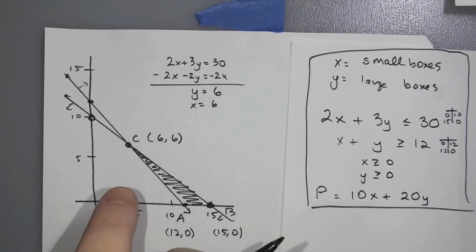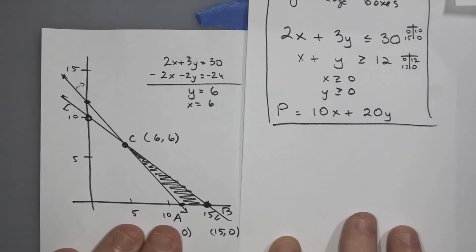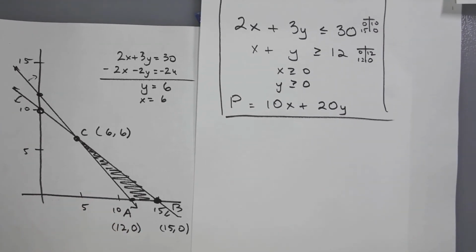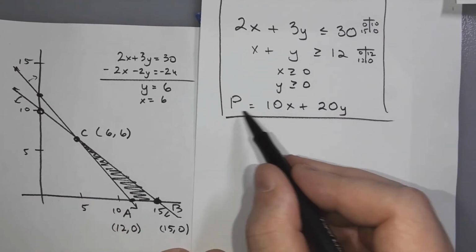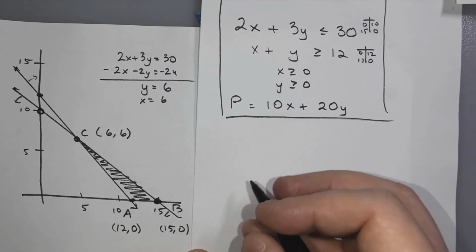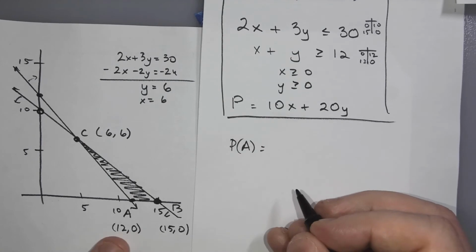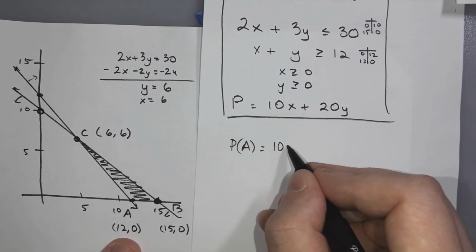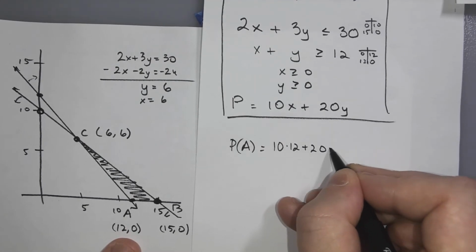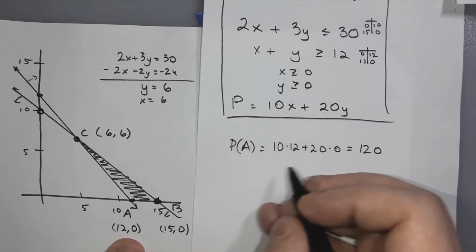So if we now take that chart and its corners and come back to our profit equation, we can now replace this information into the profit equation and see where we're getting the most amount of money. So P of A would be 10 times 12 plus 20 times 0. That's 120 bucks.